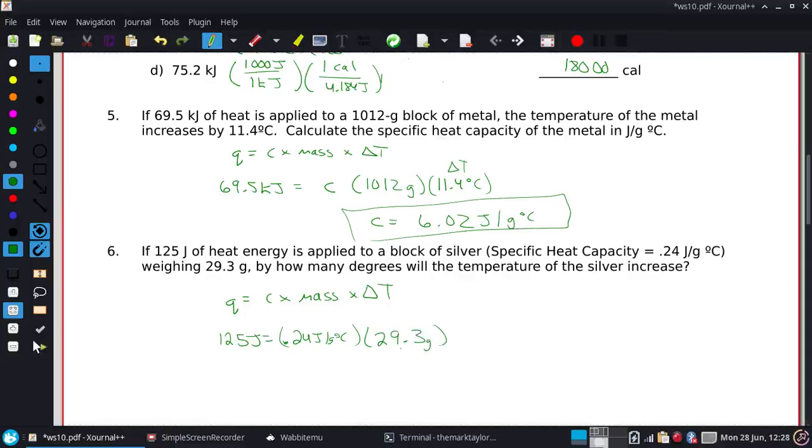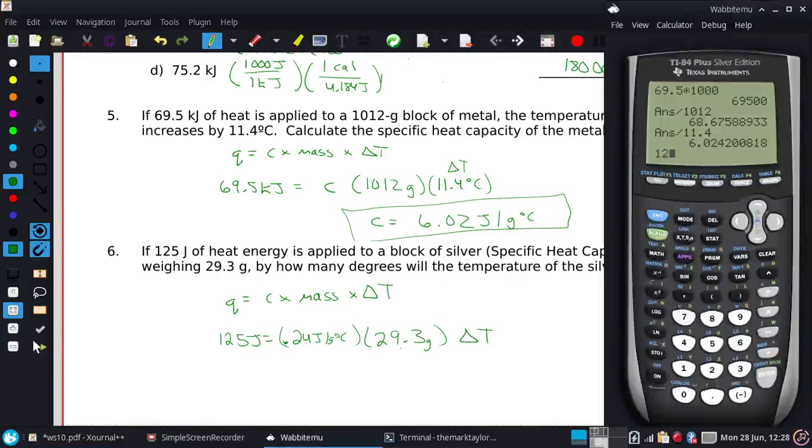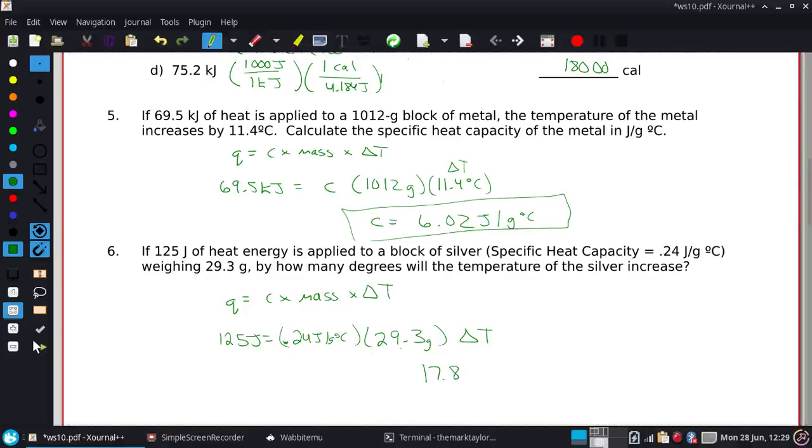Now it wants to know how many degrees the temperature increase would be. We're going to solve for the delta T. So 125 divided by 0.24, and also divided by 29.3, and we get the change of temperature about 17.8 degrees.